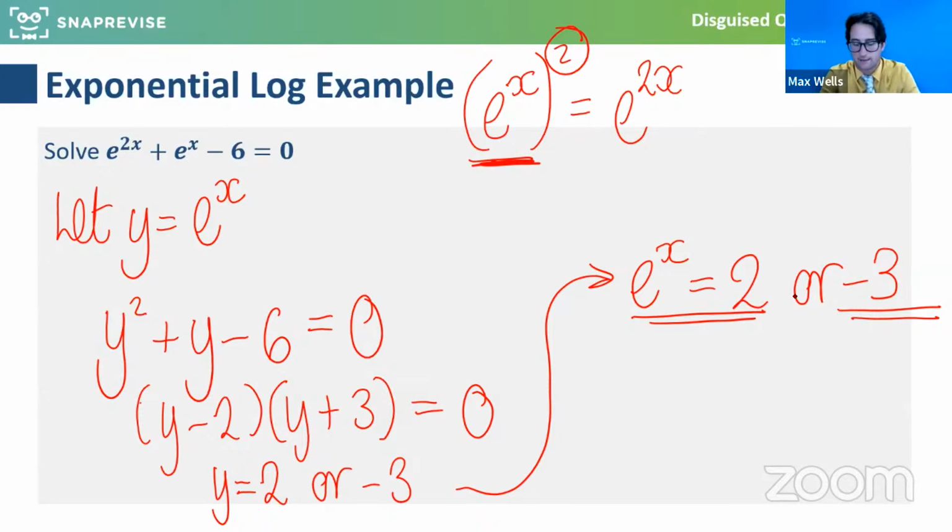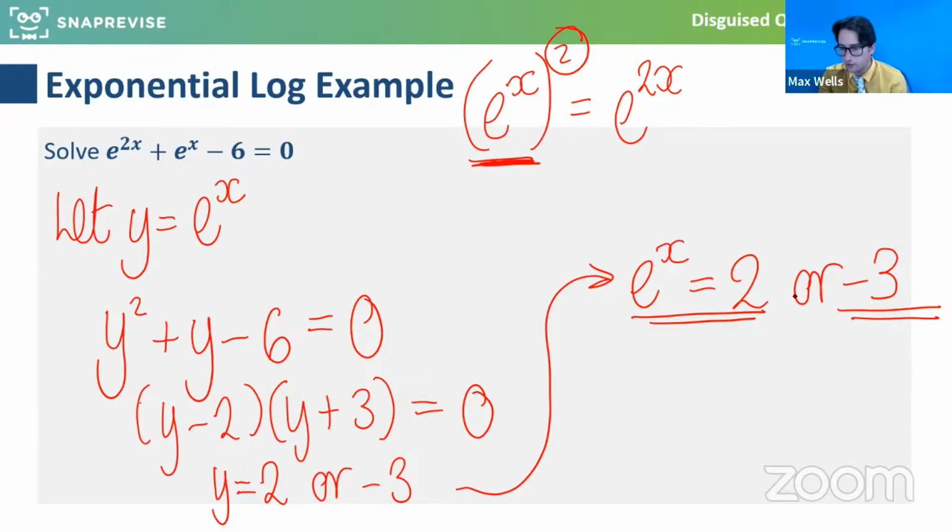E to the power of x equals 2, or e to the power of x equals minus 3. So this is brilliant, and the comments have been superb. We're really teasing out the key methodology of this, but this final stage is really quite crucial. E to the x equals 2, or e to the x equals minus 3. What do we have to also be really careful of?